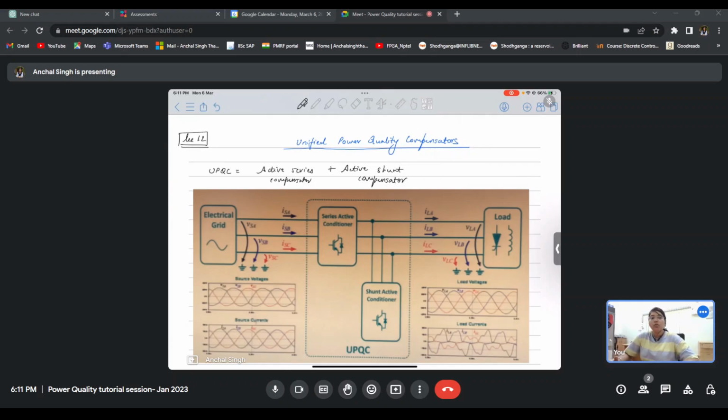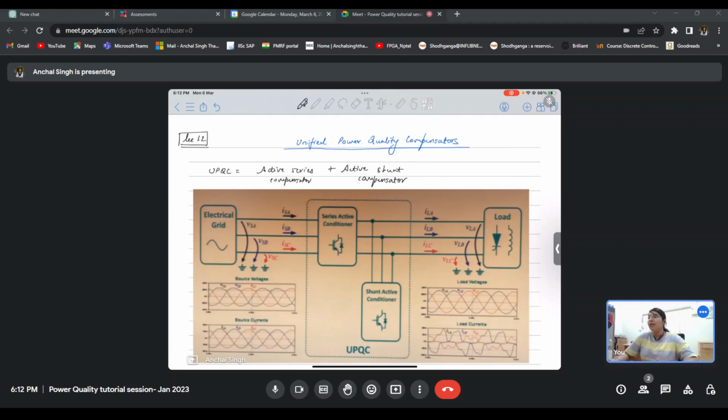So with active compensation, we are dynamically able to change the reactive power or the active power that is injected by our loads. When we talked about active compensation, we discussed the shunt compensator focusing just on current power quality problems, which is called D-statcom. Then we focused on the active series compensator that focuses only on voltage power quality problems, and that was called DVR, the dynamic voltage restorer.